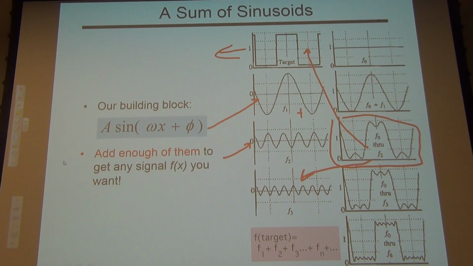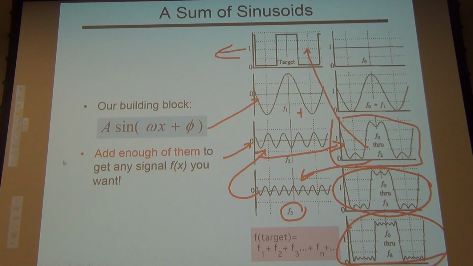With the increasing frequency. You will notice for the third sine wave, the frequency is higher than the second one. If we add this one to here, you will have this signal. And if you keep adding them until infinity, you should have this target signal.